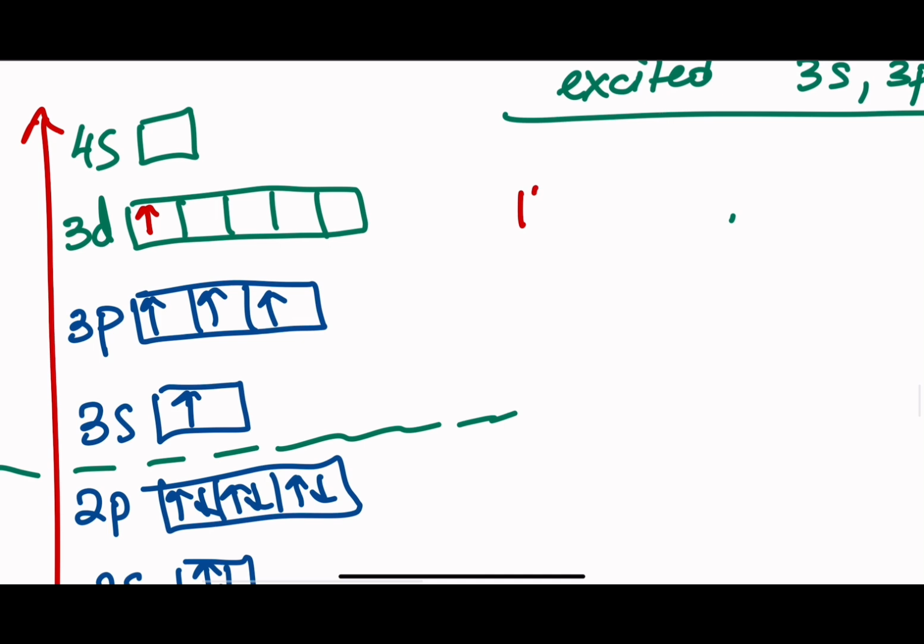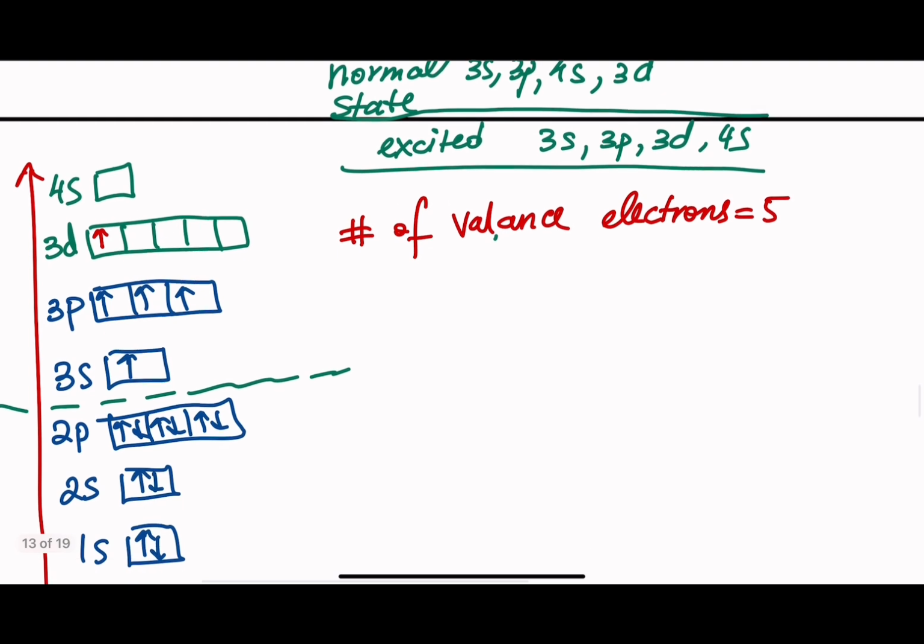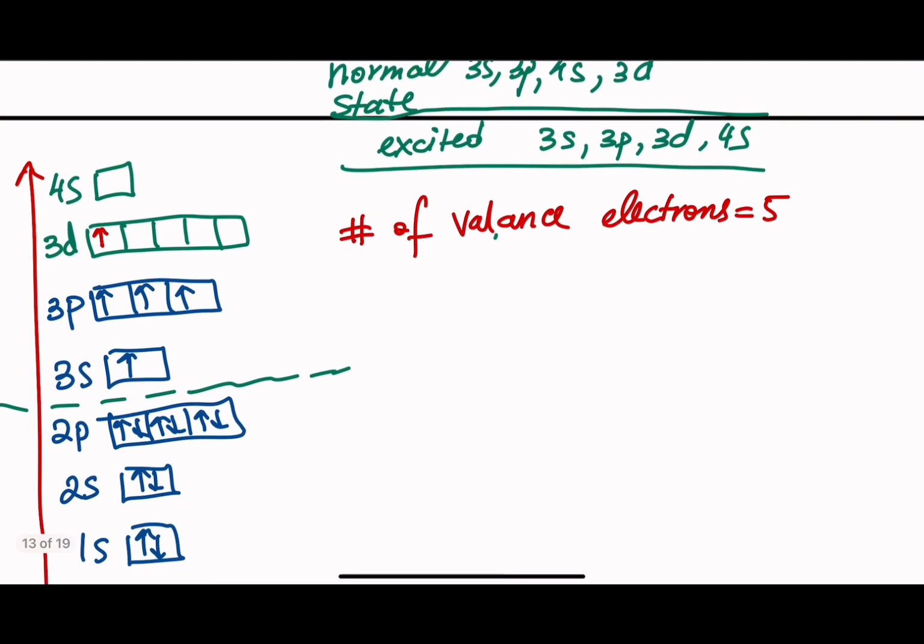Now the number of valence electrons is 5, and then we also have the valency.